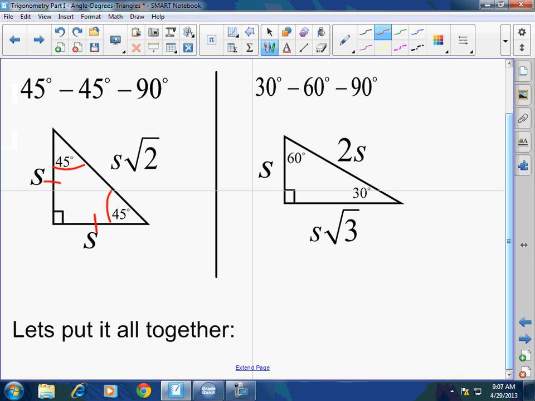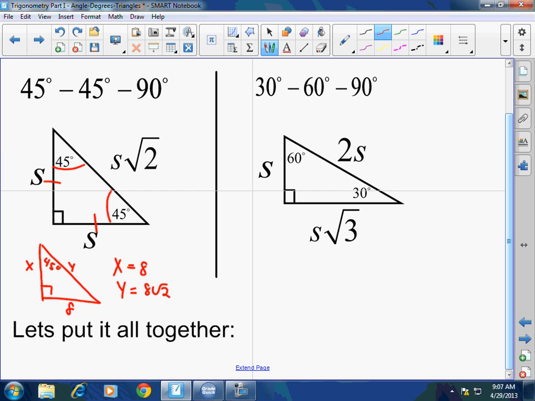Period. So, for example, if I've got a 45-45-90 and I say this is 8, and I want you to find x and y, x would equal 8 because they're equal, and y would equal 8 square root of 2. Done.